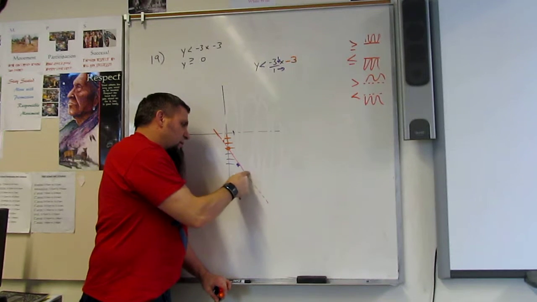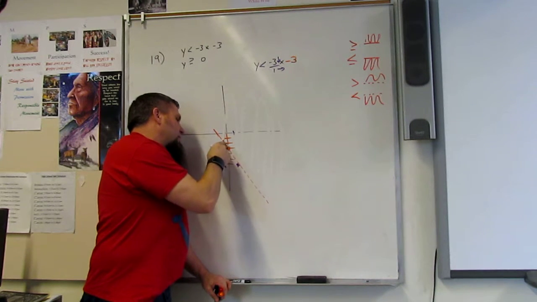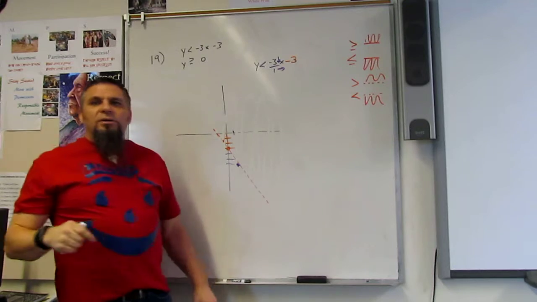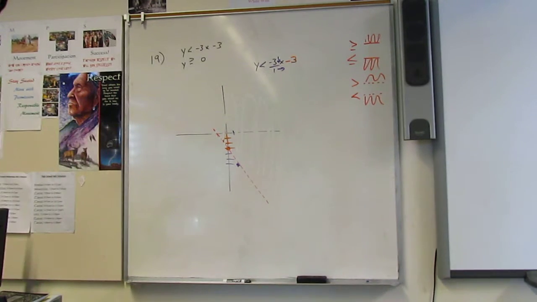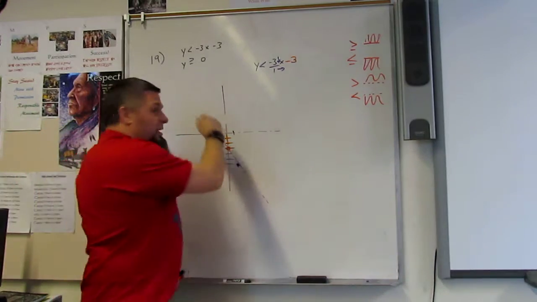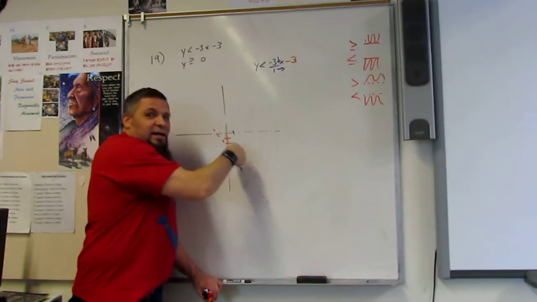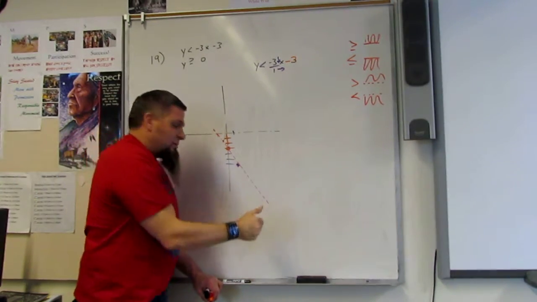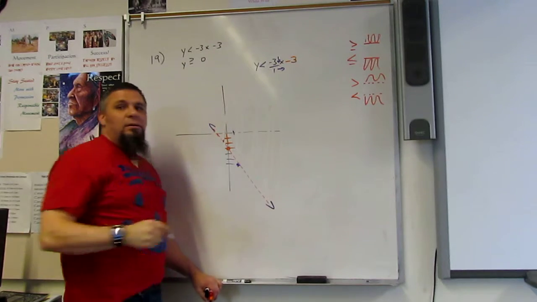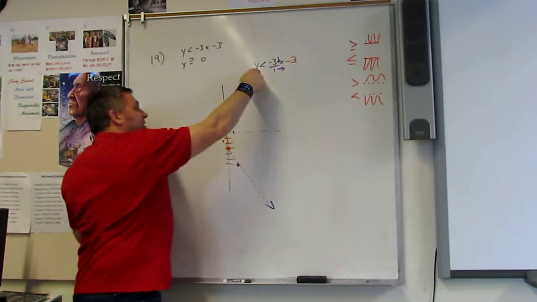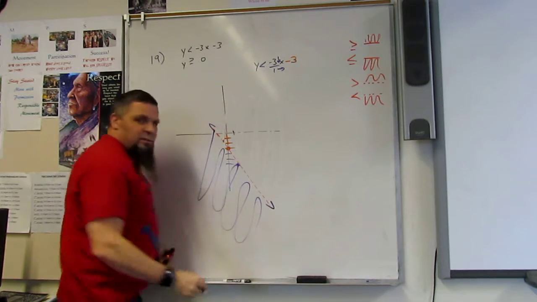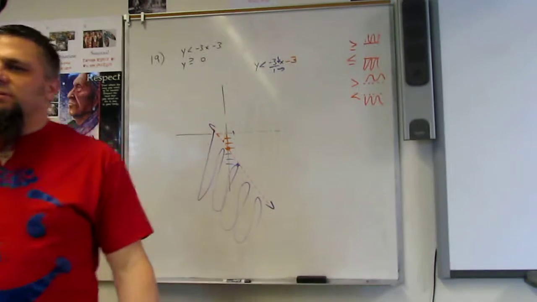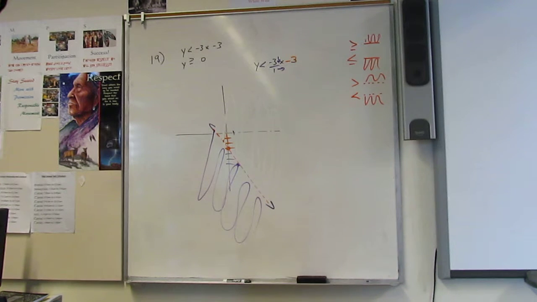Make it dotted. And that's why I gave you those erasable pens. So if you make a mistake, you can erase your mistake. If you drew a line, you can erase the dots. So now it's dotted. And then it's less than, so it's downward. Easy fix. No problem. We got this.